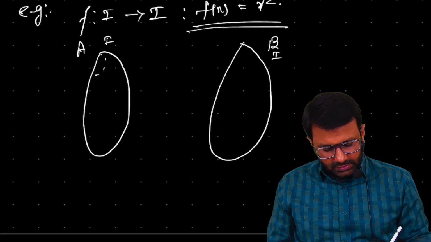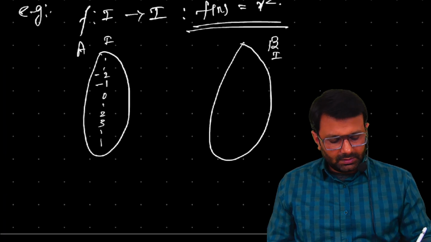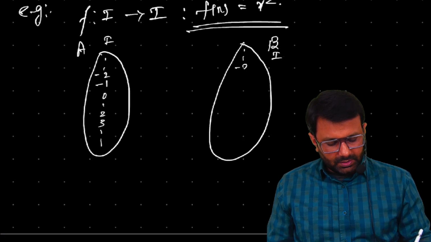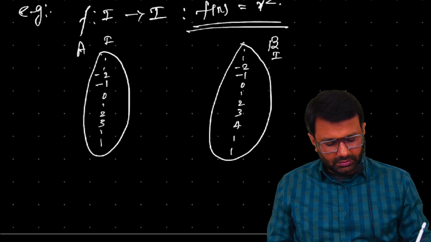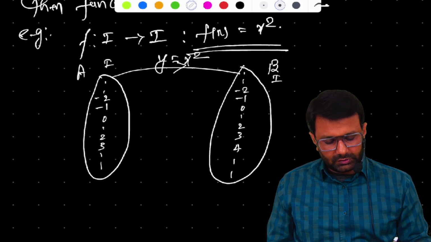Here we have -2, -1, 0, 1, 2, 3, and again in B -2, -1, 0, 1, 2, 3, 4. How is the function defined? y is equal to x square, so I have to square the input.